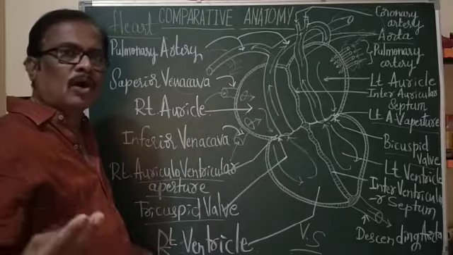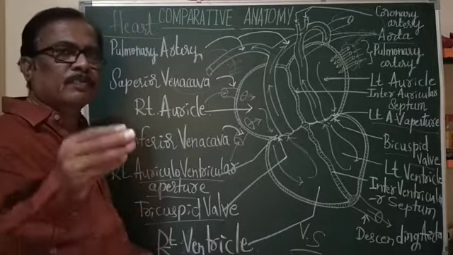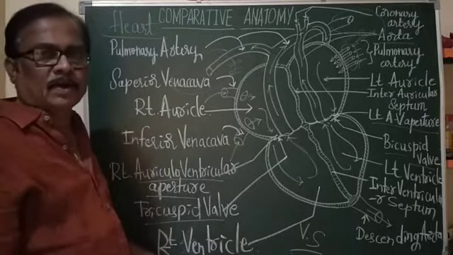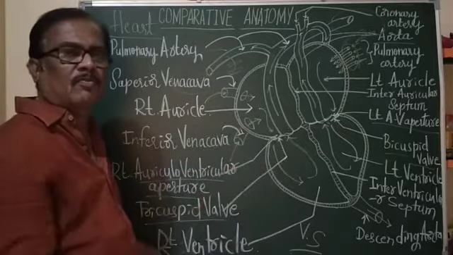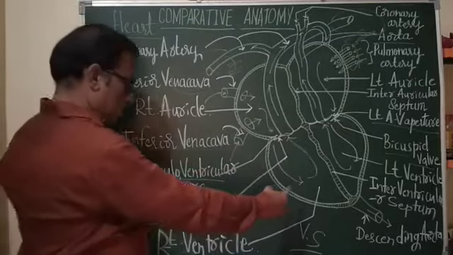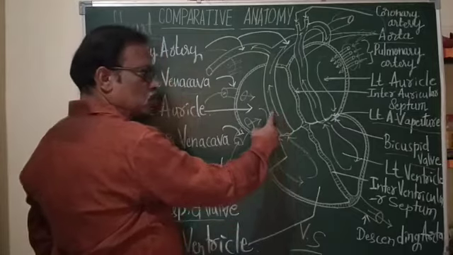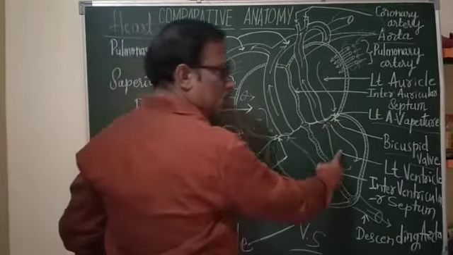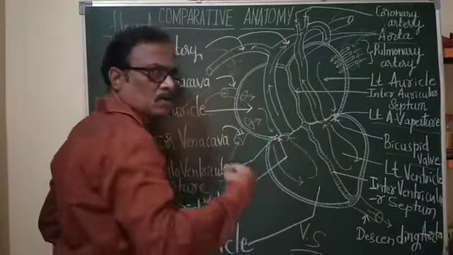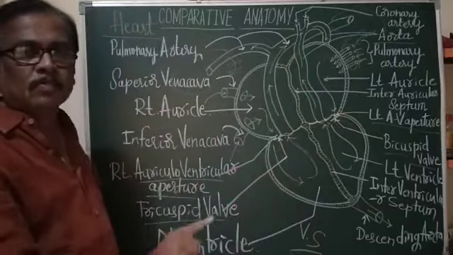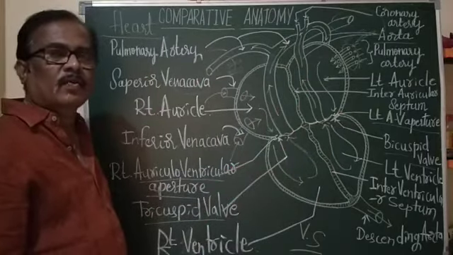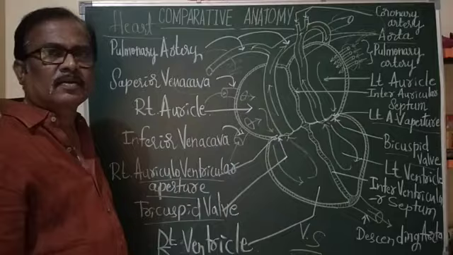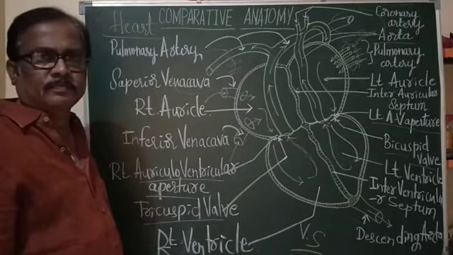Those semilunar valves also prevent backward flow of blood and only allow the forward flow. In the sense, from right ventricle to pulmonary artery, from left ventricle to aorta, the blood flows, not back to the ventricles.